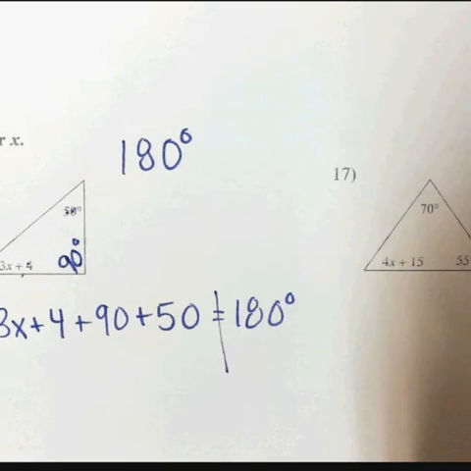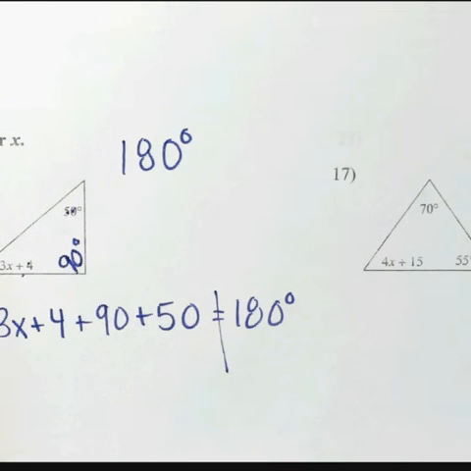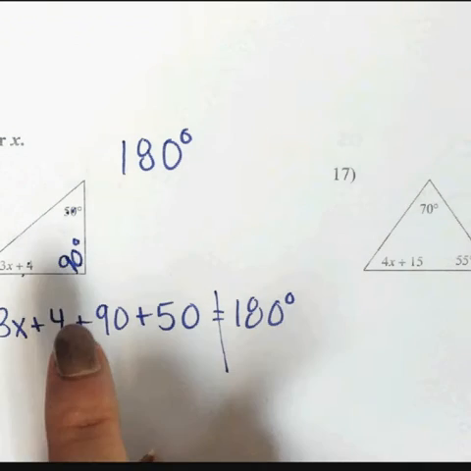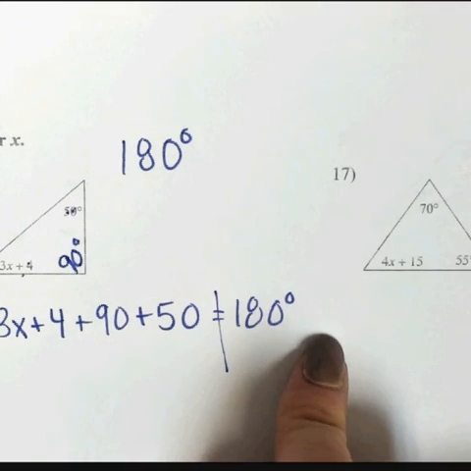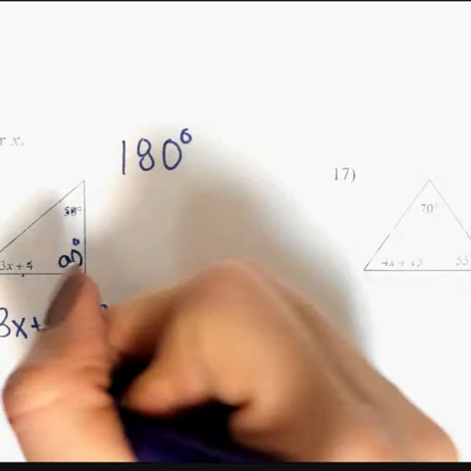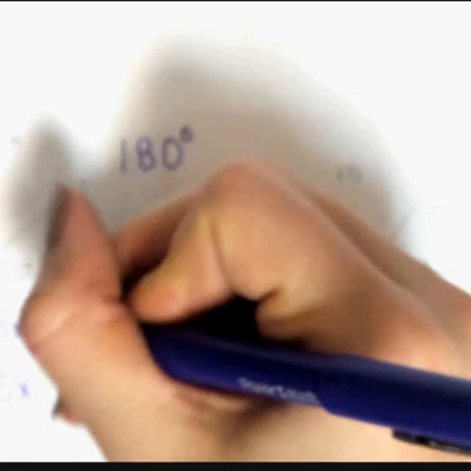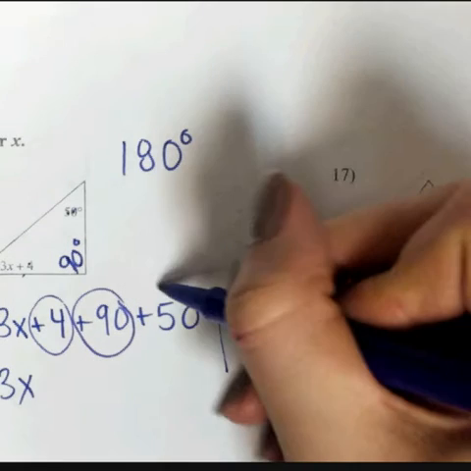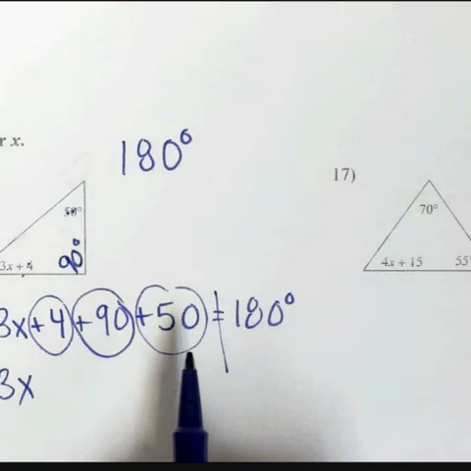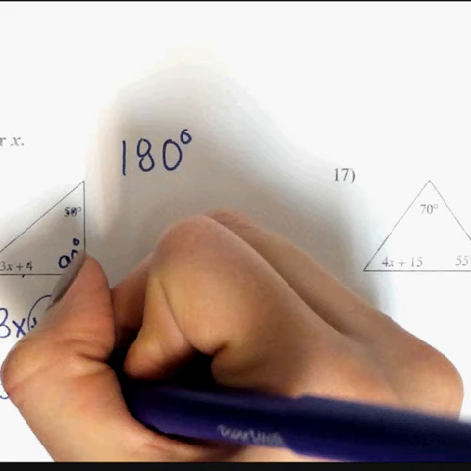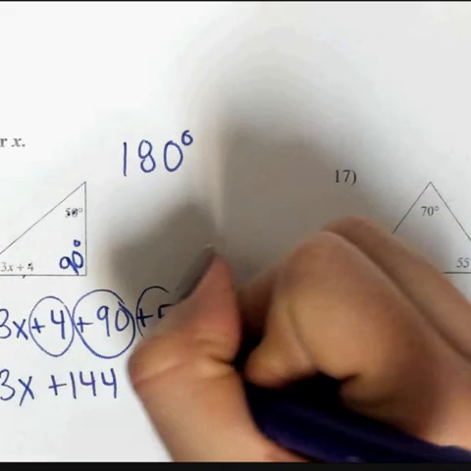So I'm going to follow the same steps we followed in the other part. I don't have any parentheses. I do have like terms. 90 plus 50 is 140, plus 4 is a positive 144, equals 180.